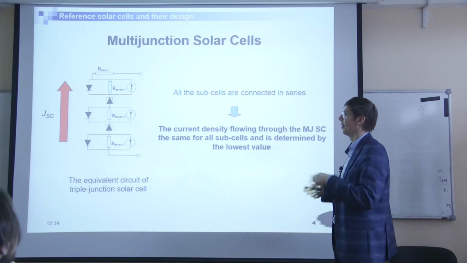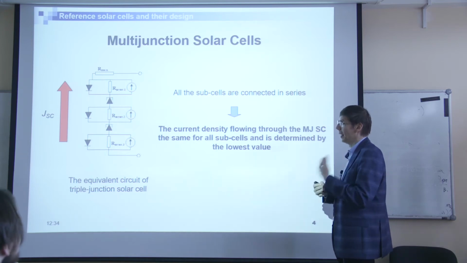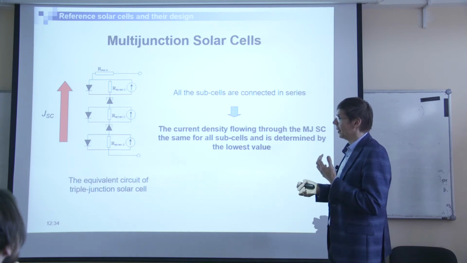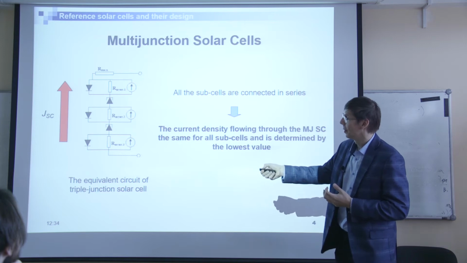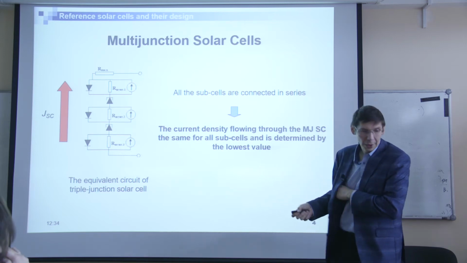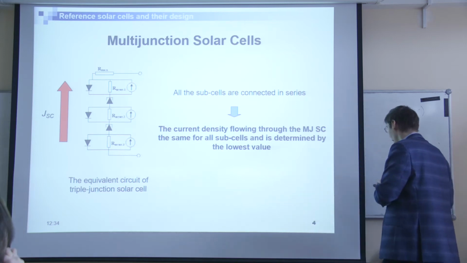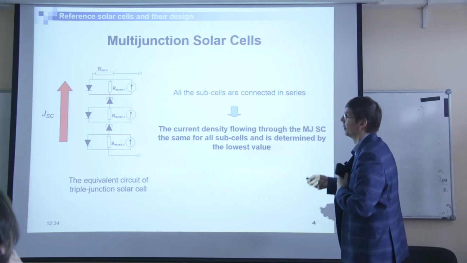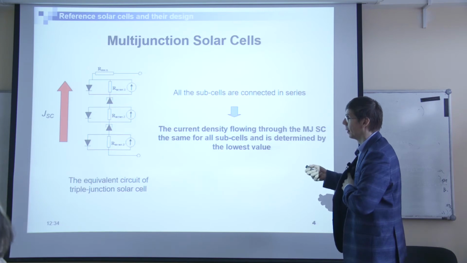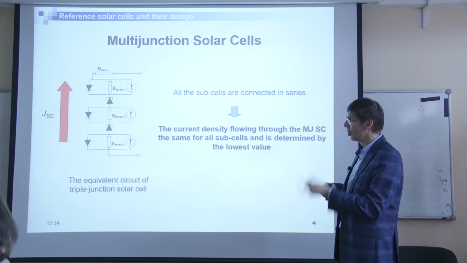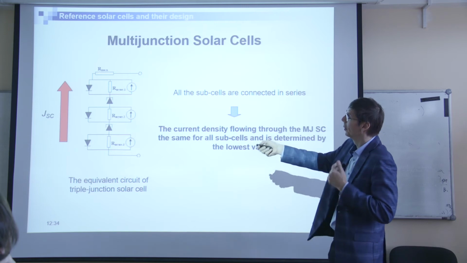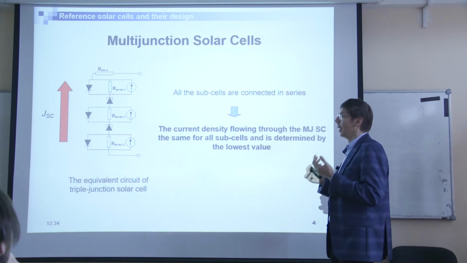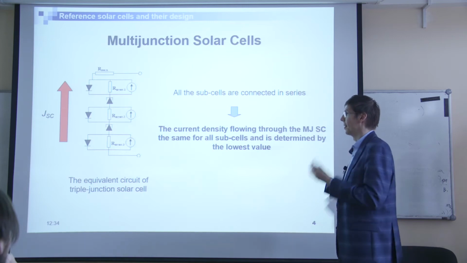So actually for this you use a set of reference solar cells, and for each measured subcell you should have your reference solar cell. So if you have a triple junction solar cell, you have to use 3 reference cells.